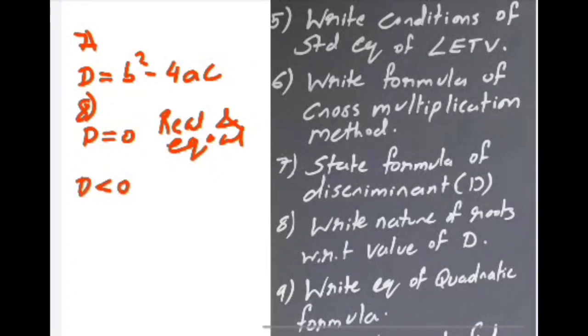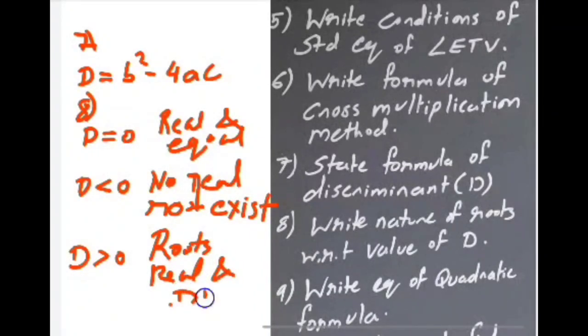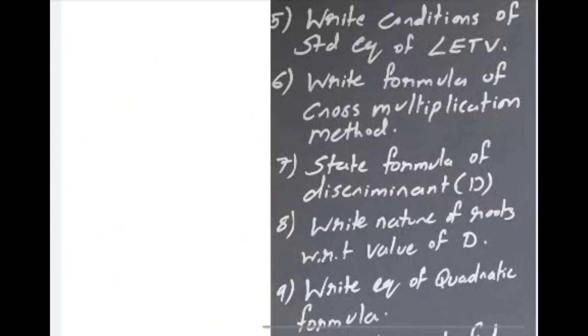When d is less than 0, no real root exists. And when d is greater than 0, okay, then roots will be real and distinct. Distinct यानी अलग अलग, different. Okay, so these will be the three cases.